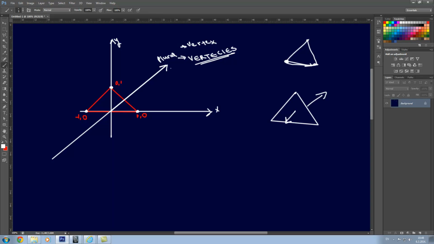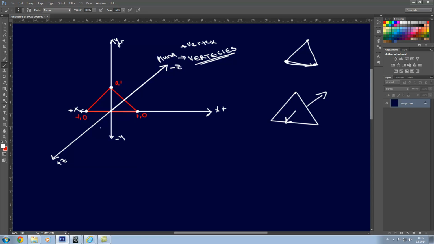Now, this is negative z, this is positive z, this is negative y, this one is positive y. Okay? Positive x here, negative x there.